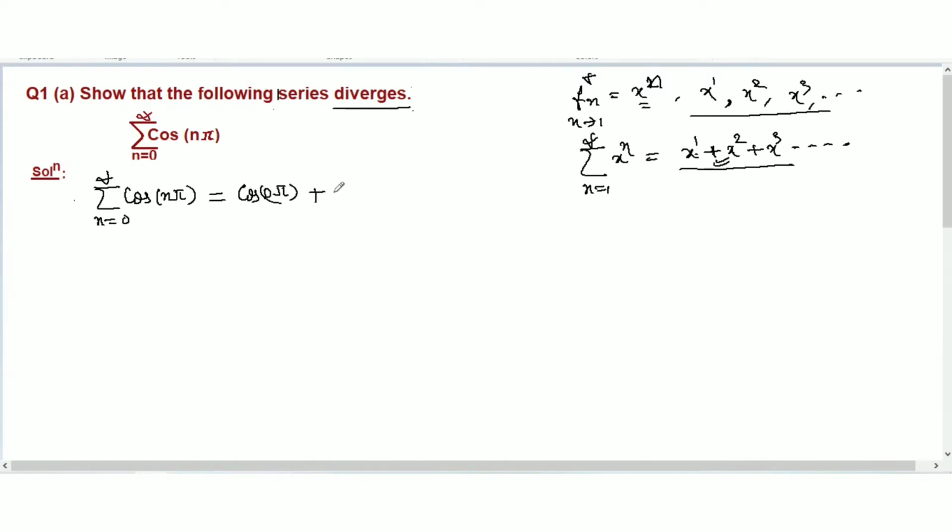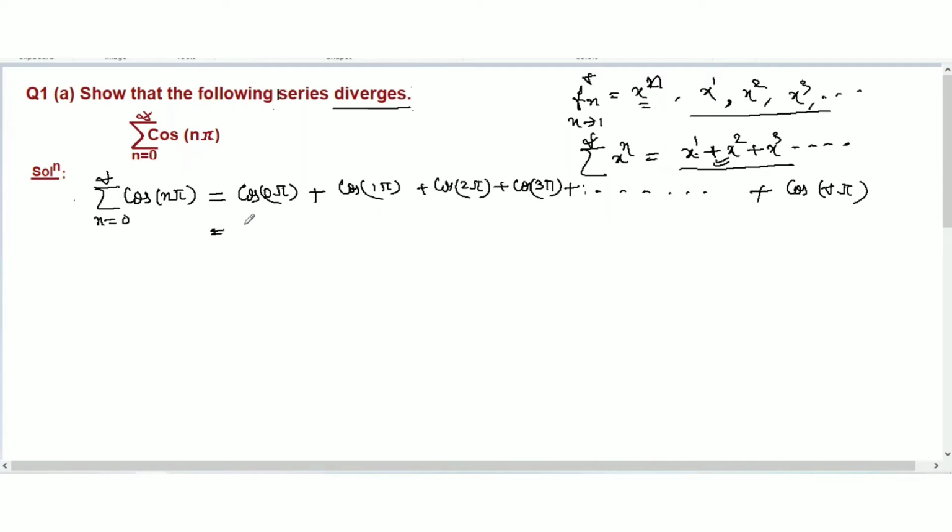Then in place of n, substitute 1, so cos of 1 pi, plus cos of 2 pi, plus cos of 3 pi. This way the series will go on, and the last one will be cos of infinity times pi.